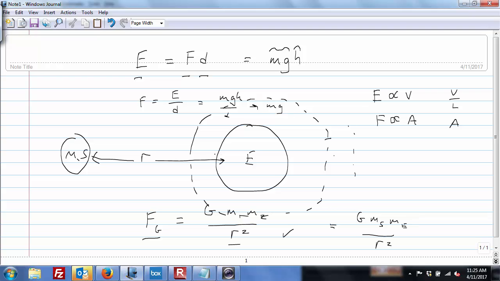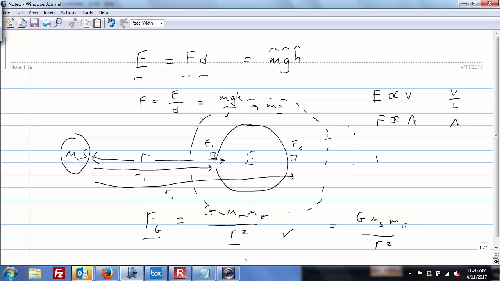If we take a little chunk of water here and a little chunk of water here, I'll call this one F1 and this one F2. We'll call this distance R1, and if we go all the way to the other side of the planet, we'll call that R2.